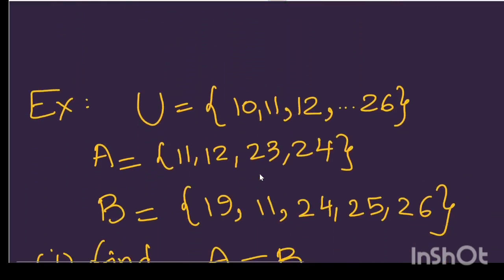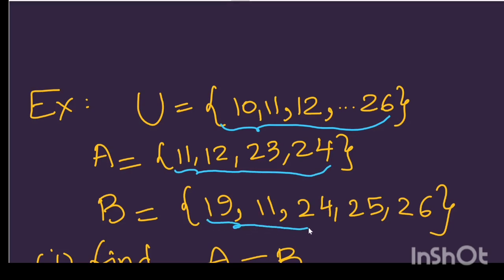Let's take an example, guys. Let's say the universal set is defined as 10, 11, 12 till 26. Set A is defined as 11, 12, 23, 24. 4 elements it has. B is defined as 19, 11, 24, 25, 26.